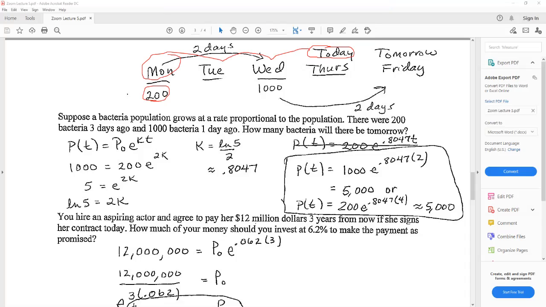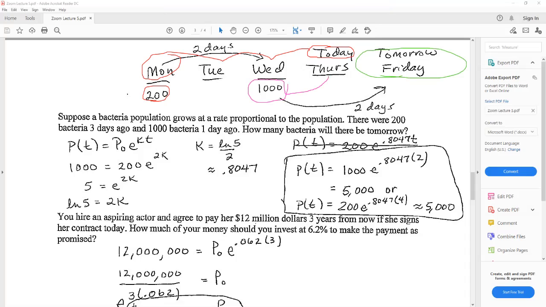And I had 1,000 bacteria just 1 day ago. So 1 day ago, which would have been Wednesday, I have 1,000 bacteria. The question is, how many bacteria will there be tomorrow?